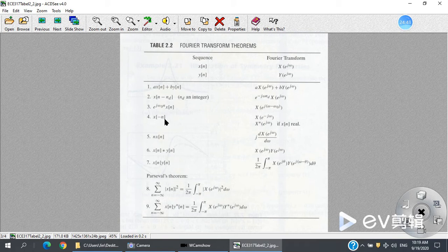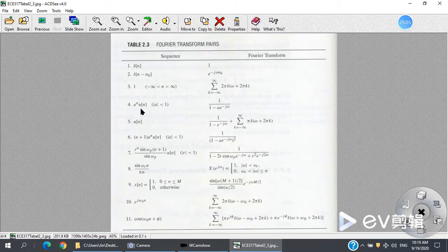We use this feature. Let me write it here. I copied: x[n] goes to capital X of e to the negative j omega. We have this property. And we also need this: a^n u[n] corresponds to 1 over 1 minus a e to the negative j omega. We have these two.